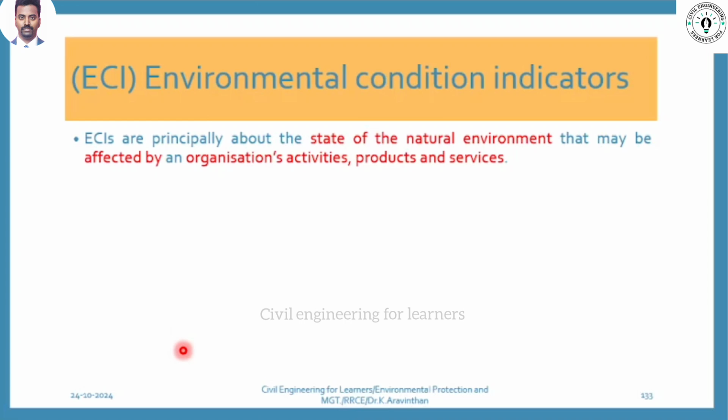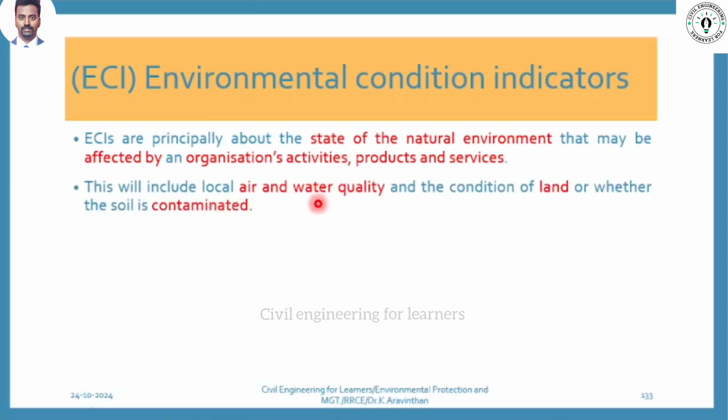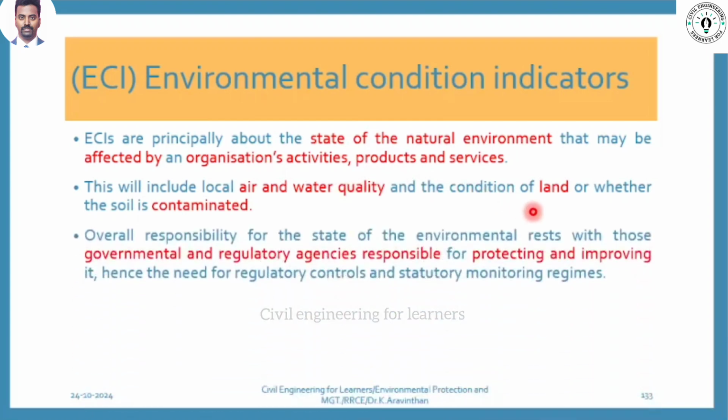I have already discussed with you that we are consuming the environment in order to produce a product. So for this condition, the state of the natural environment may be affected by the organization for products and services. How much air they pollute, how much water they consume, how much land they contaminate. These things come under the environmental condition indicator.